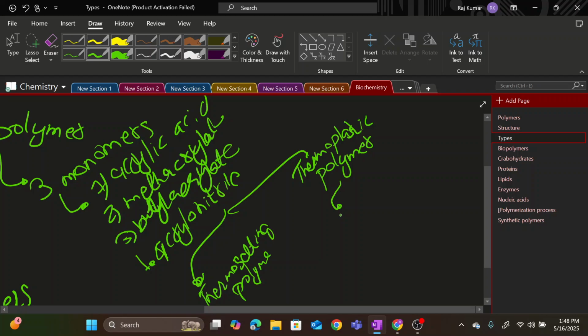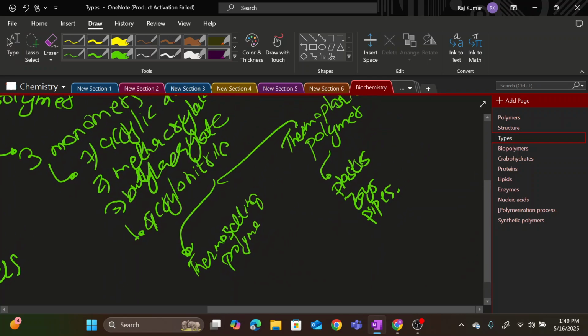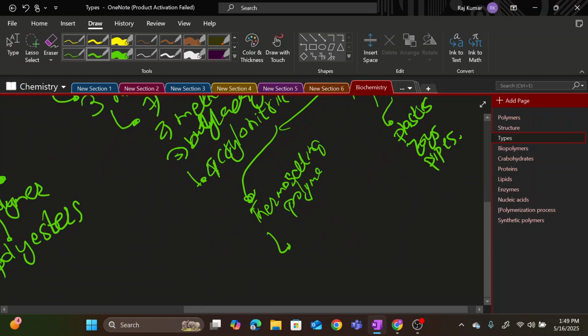Examples of this can be plastics, toys, and pipes. All of these are thermoplastic polymers. When it comes to thermosetting polymers, these are those polymers which cannot be softened upon heating.